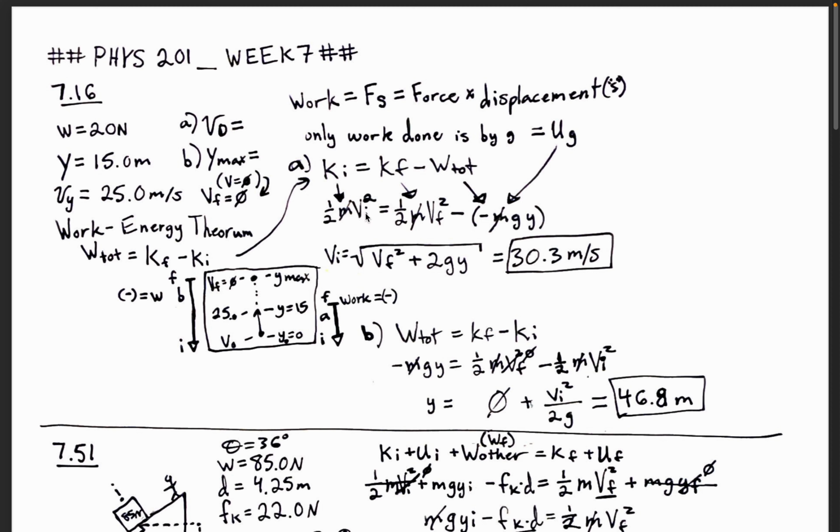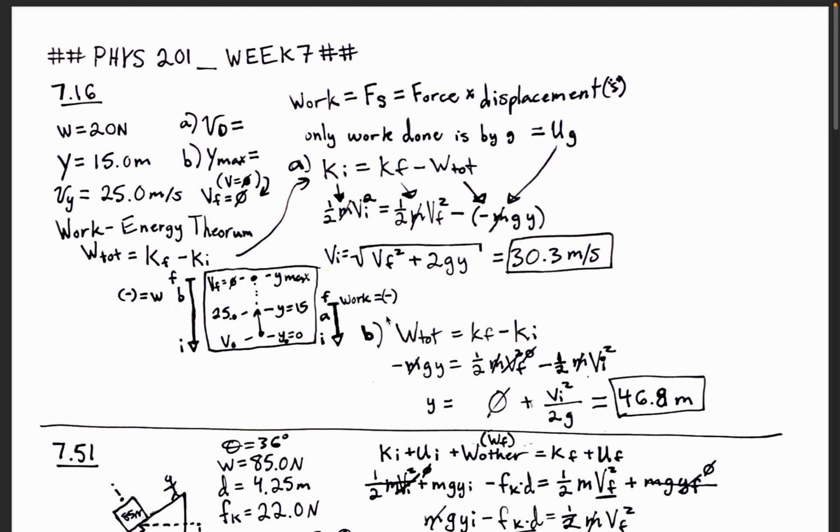So we basically get rid of these things and then add a 2 here. And then we want to take the square root of both sides, and we finally find that the velocity initial equals the square root of the velocity final squared plus 2gy. And if you plug that in, you get 30.3 meters per second.